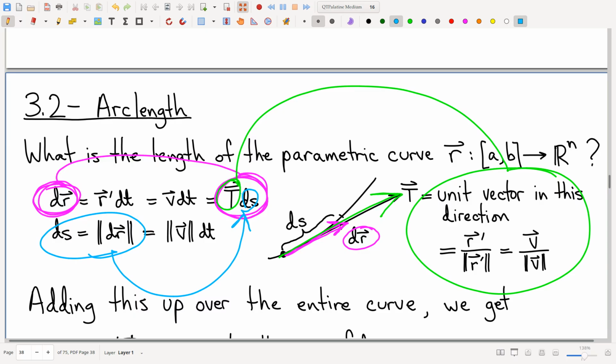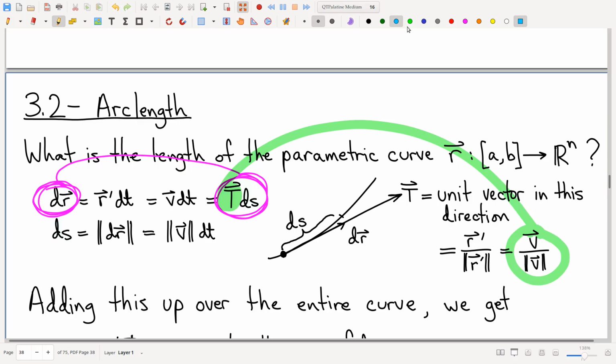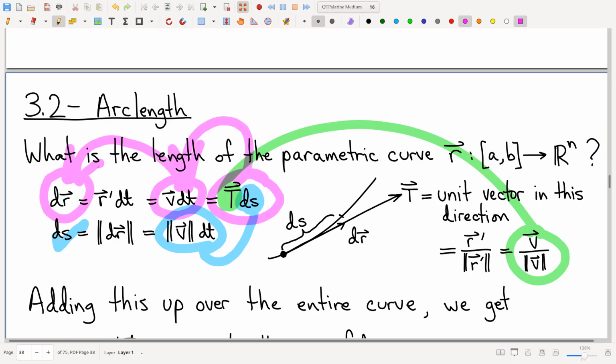The other thing you can do is view T by that formula and view ds by that formula, and now green times blue, this times that, makes this product equal to this, which we've already agreed is this.